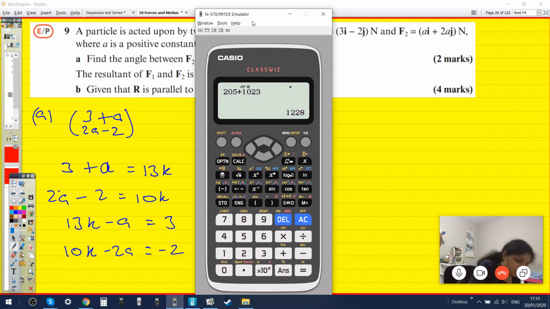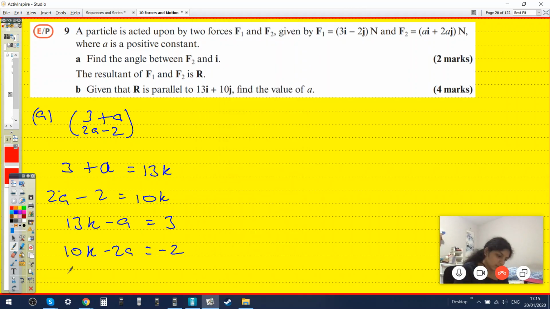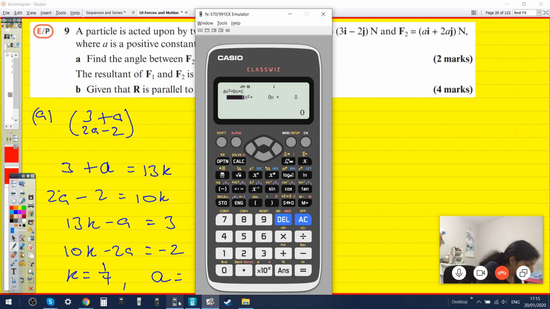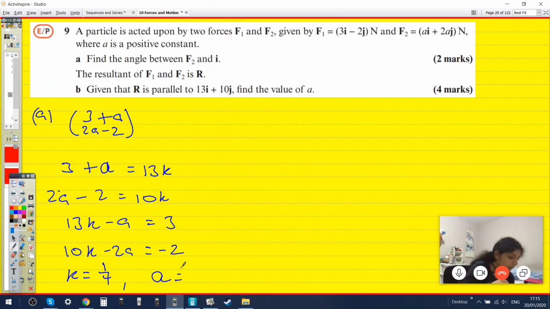Oh, I did it wrong. What, the minuses or something? K is equal to 1/4, so A is also equal to 1/4, apparently.